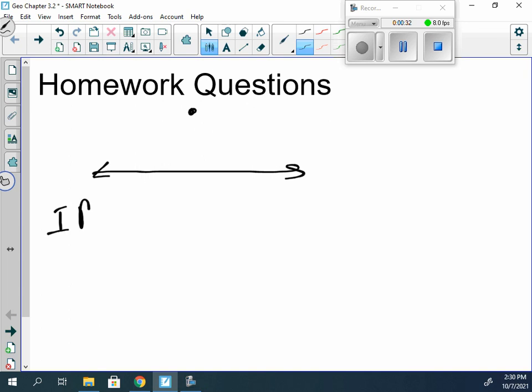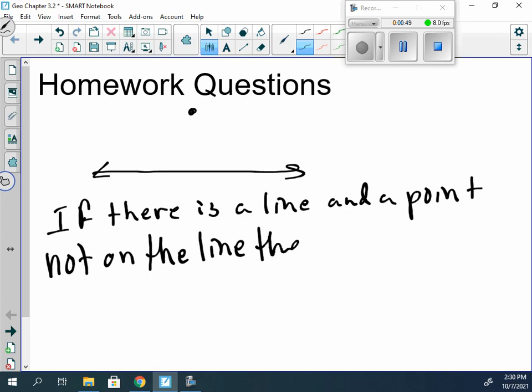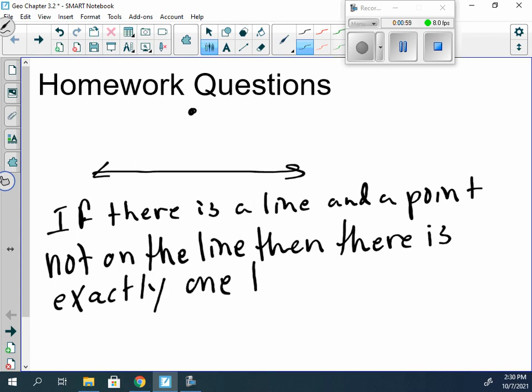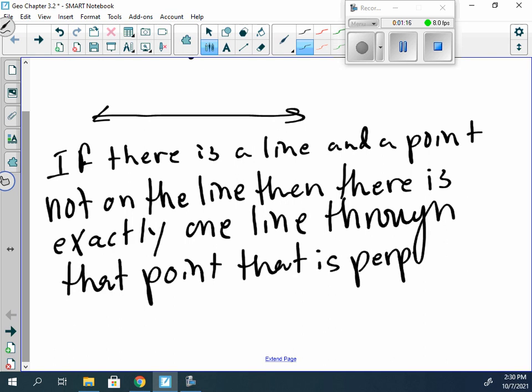But what we can say is if there is a line and a point not on the line, then there is exactly one line through that point that is perpendicular to the given line.